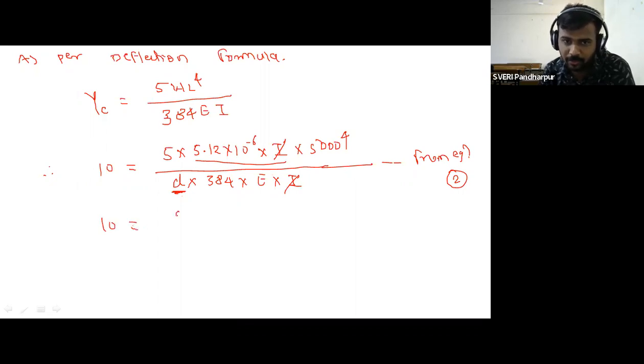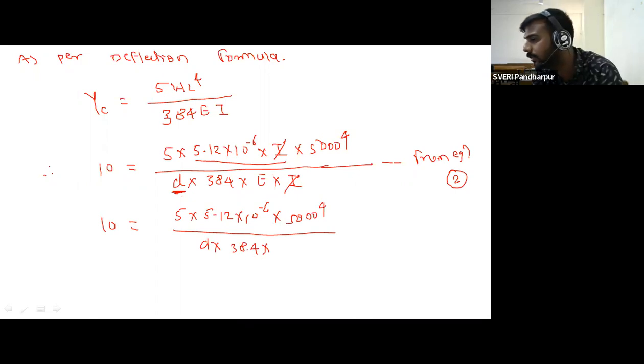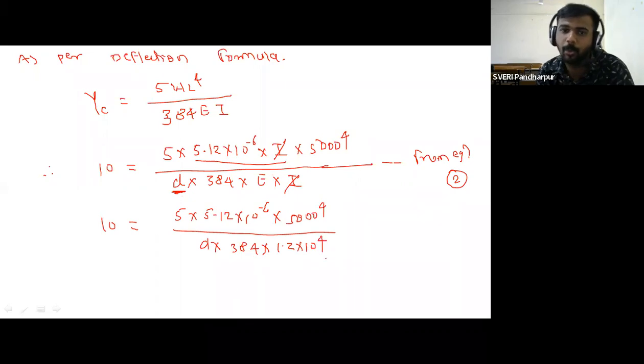We have to put the value of Young's modulus. 5 into 5.12 into 10 raised to minus 6 into 5000 raised to 4 divided by D into 384 into E, which is 1.2 into 10 raised to 4.